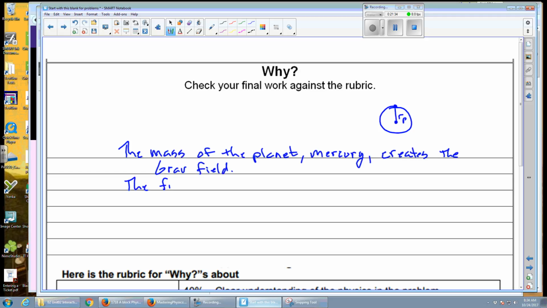The further from the center, the less magnitude the field has.